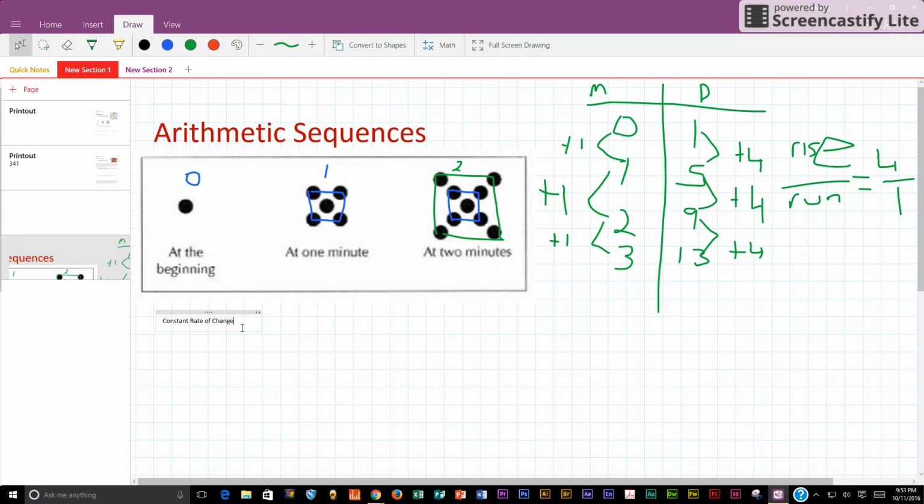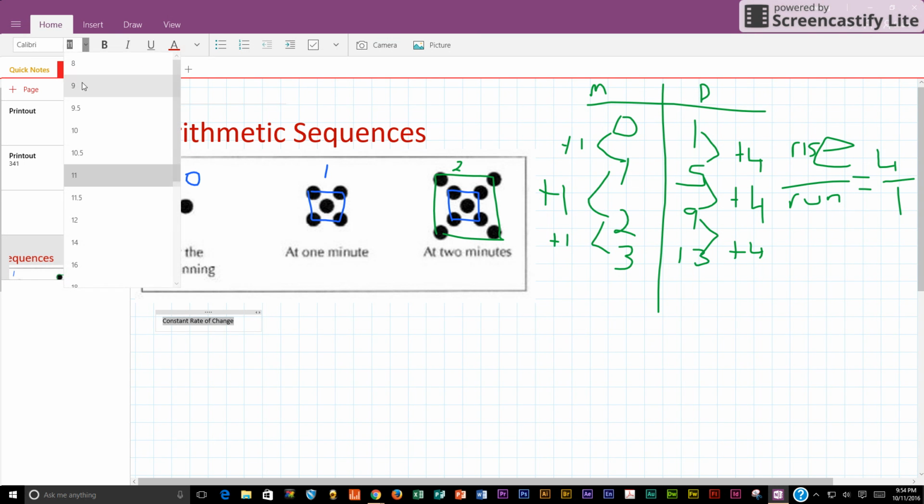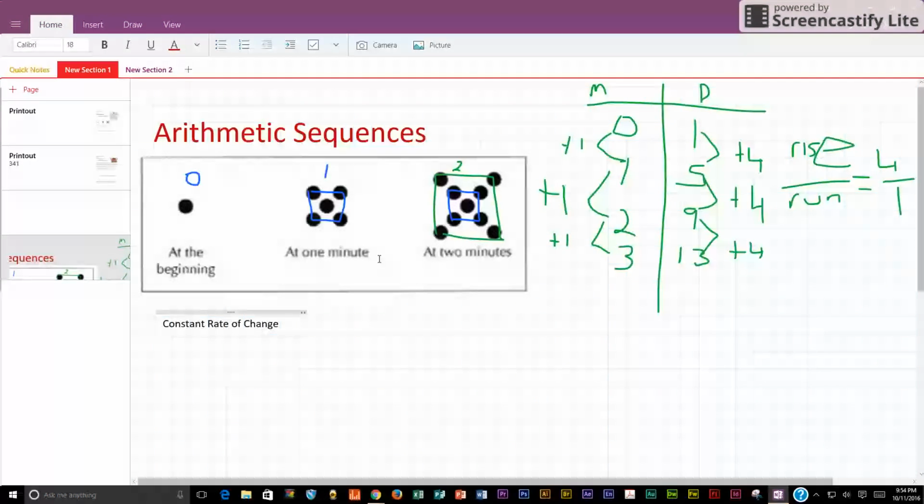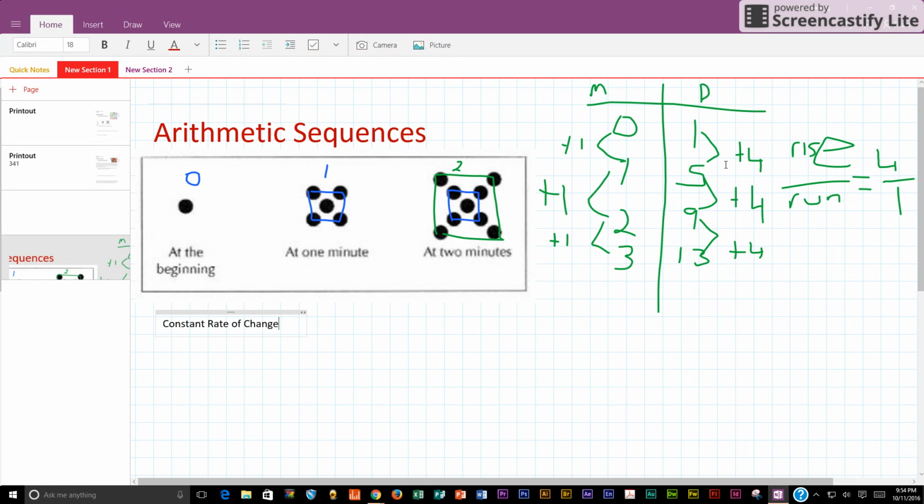And that is known as a constant rate of change. So having a constant rate of change is the first thing that we need for arithmetic sequences. Good. So we have to have a pattern that has a constant rate of change, and that constant rate of change can be positive and or negative.